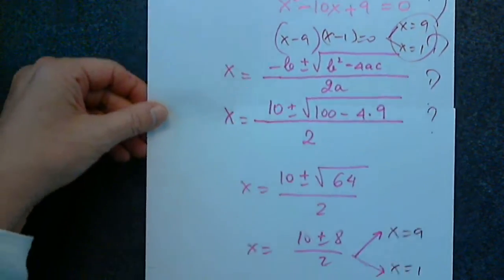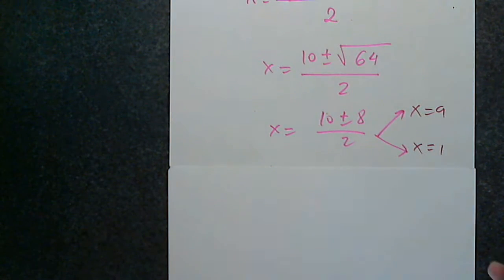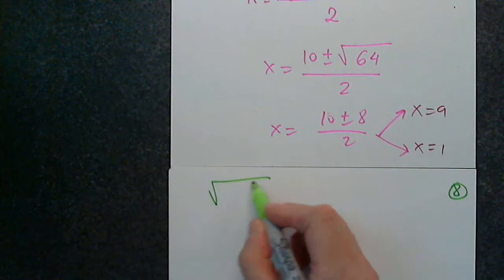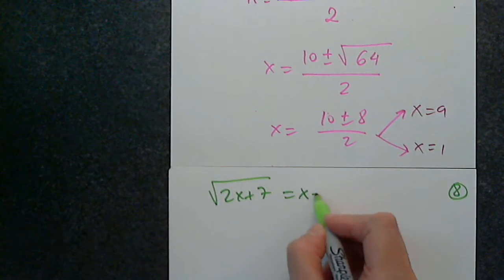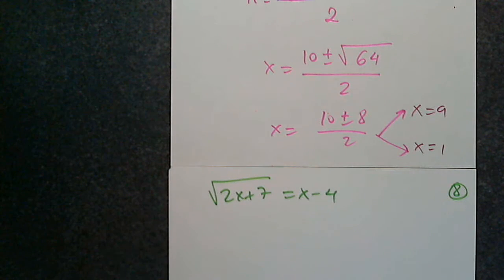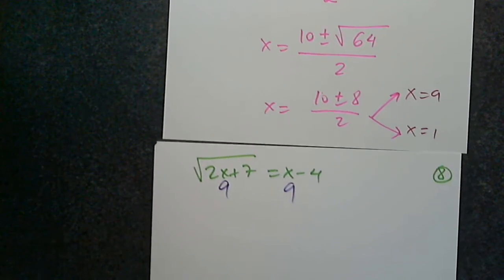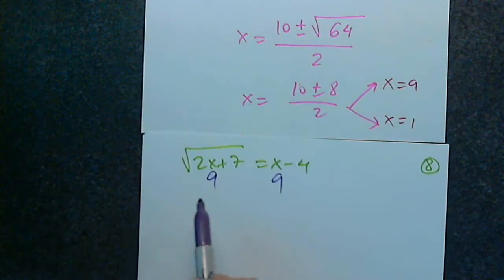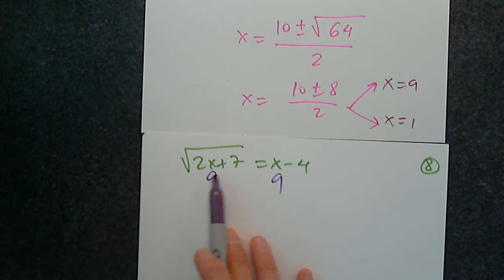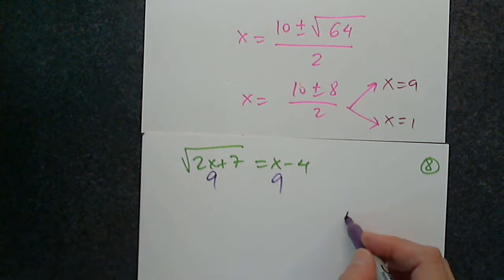I will copy the original problem right here. The square root of 2x plus 7 equals x minus 4. And we are replacing x by 9. The left-hand side is 18 plus 7, which is 25. The square root of 25 is 5.